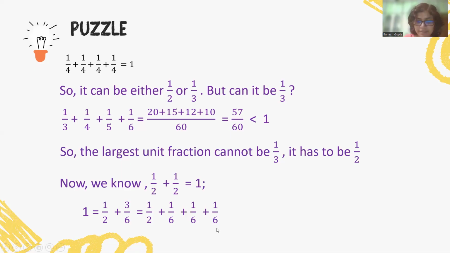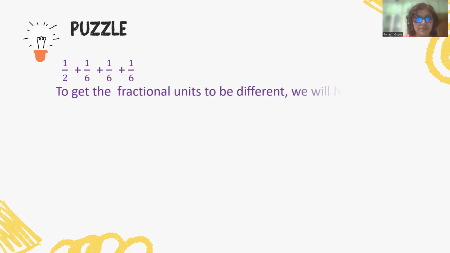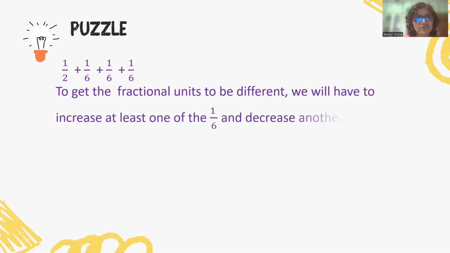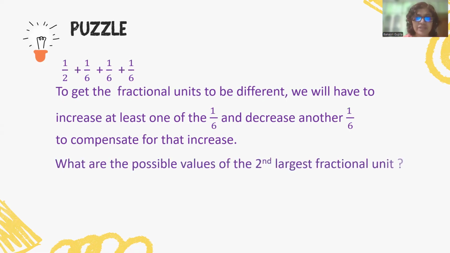And now we can apply a similar approach to the one we applied for the 3 fractional units. To get the fractional units to be different, we'll have to increase at least one of the 1/6 and decrease another 1/6 to compensate for that increase. So, what are the possible values of the second largest unit?